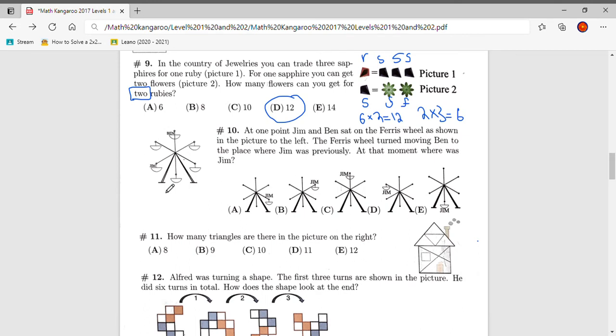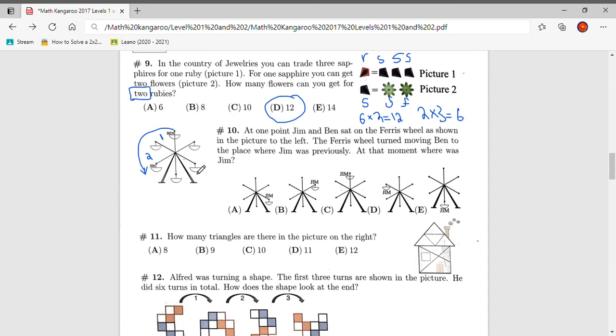I'm not sure which direction the Ferris wheel is moving, but let's assume it's going this way because that's closer, and it actually doesn't matter which way it's going, the answer shall remain the same. So Ben reaches here, and you can see he goes through 1 and 2 intervals.